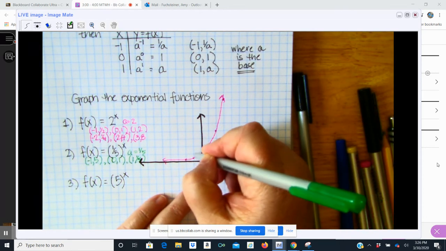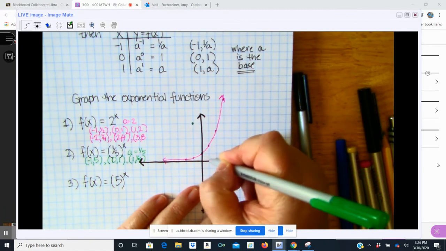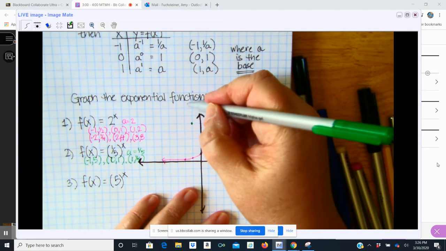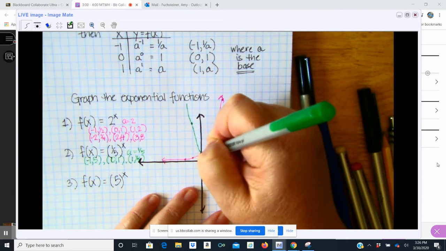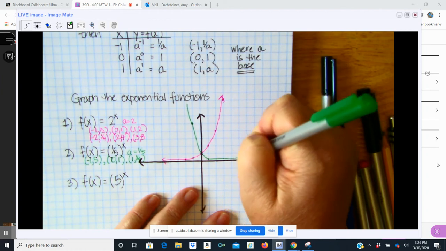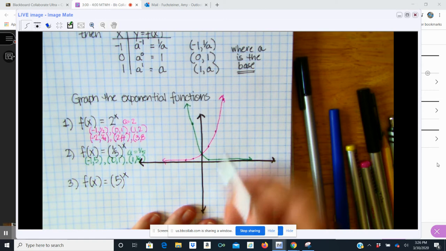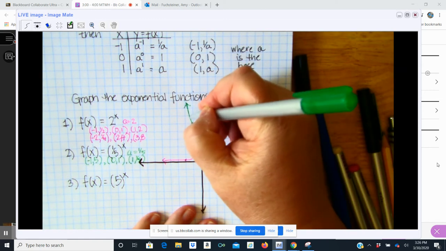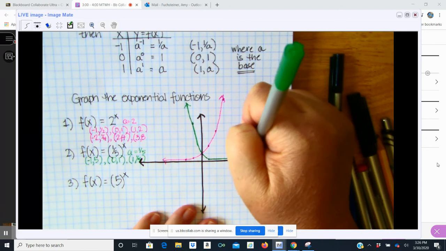So -1, 1, 2, 3, 4, 5, 0, 1, and 1, 1/5. This would not be exponential growth. This would be exponential decay. Yep.